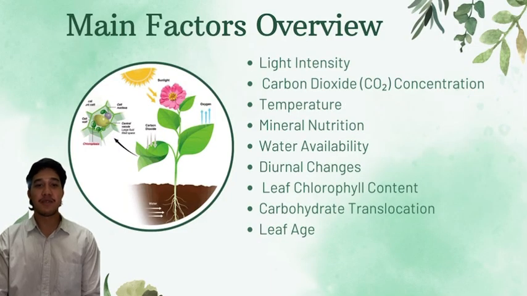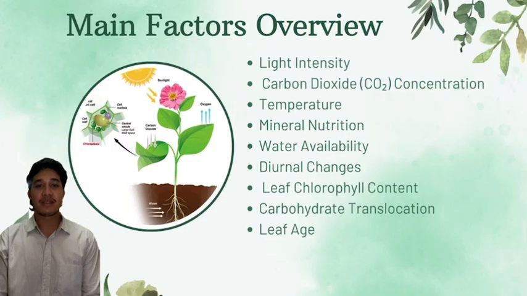So there are a few main factors that I will highlight, which are light intensity, carbon dioxide concentration, temperature, mineral nutrition, water availability, diurnal changes, leaf chlorophyll content, carbohydrate translocation, and leaf age.